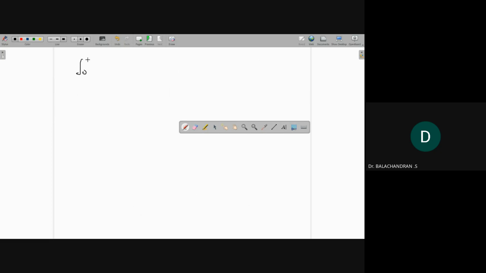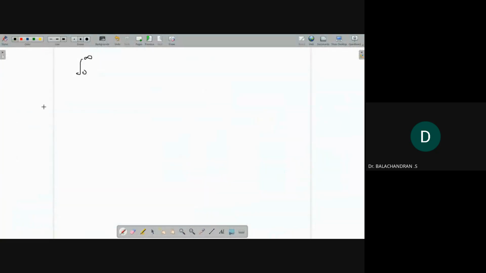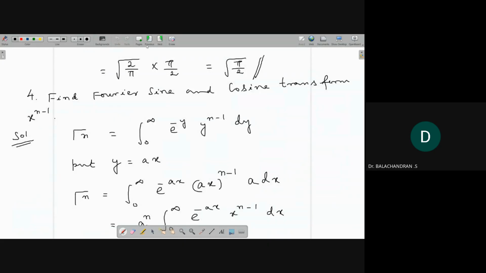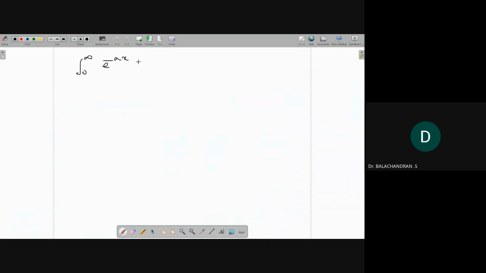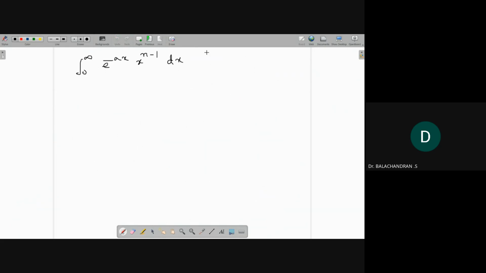Integral 0 to infinity e power minus ax into x power n minus 1 into dx is equal to gamma of n by a power n.